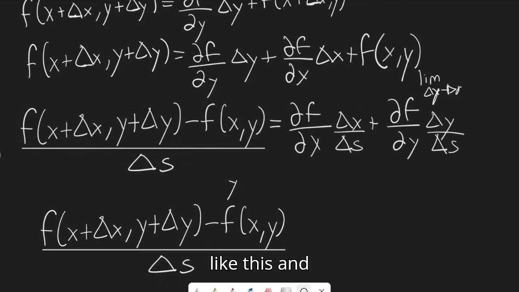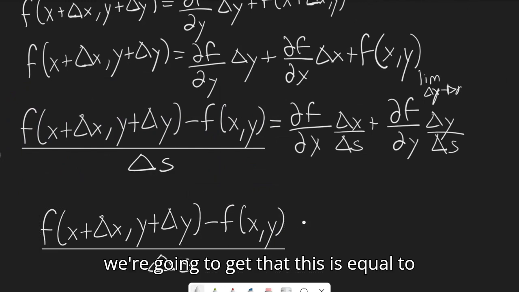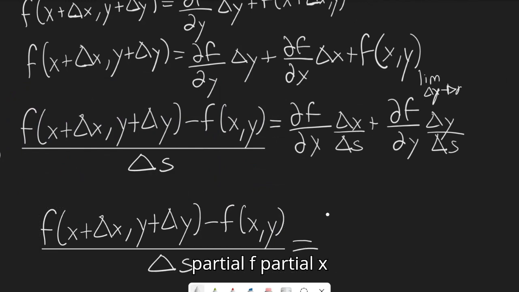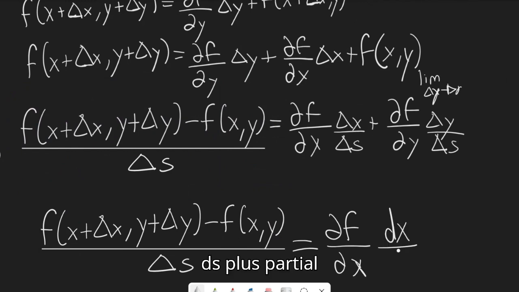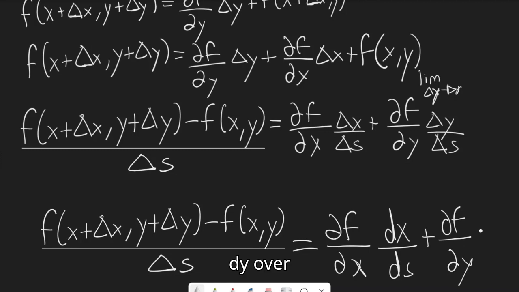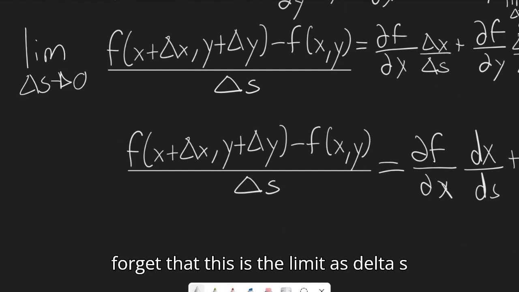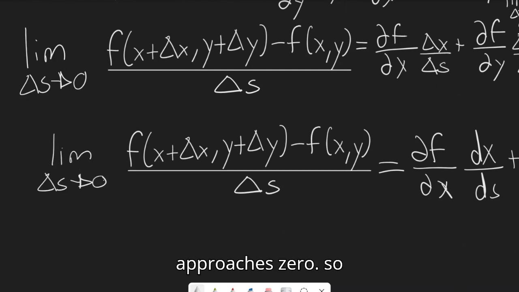Like this. And we're going to get that this is equal to partial f partial x times dx over ds plus partial f partial y times dy over ds. And also don't forget that this is a limit as delta s approaches 0.